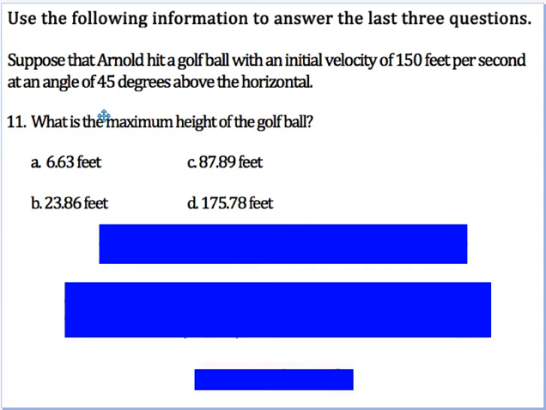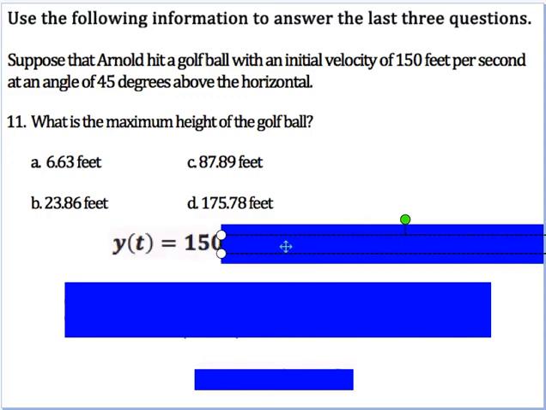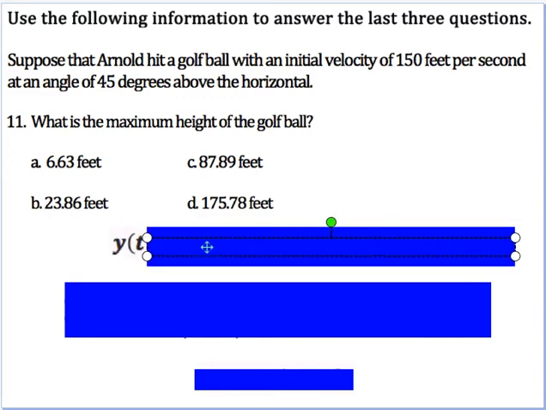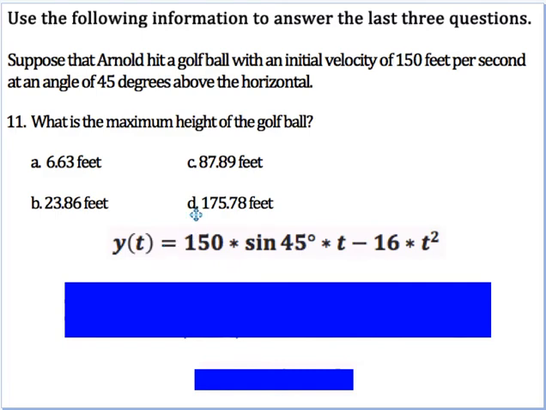Next question is, what is the maximum height of the golf ball? So same scenario, I have to use my t value from the previous answer to find the height of the golf ball. So I'm going to take my y value. Y is going to give me the maximum height.